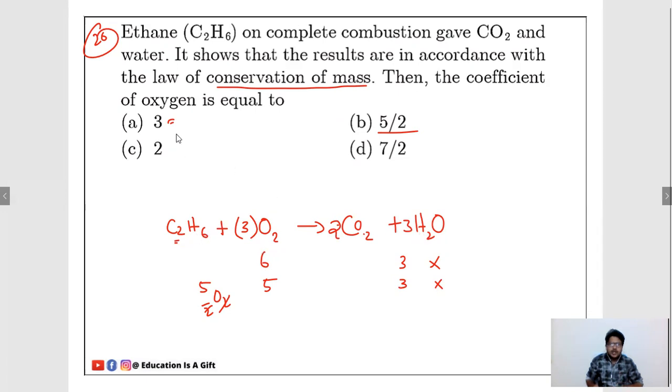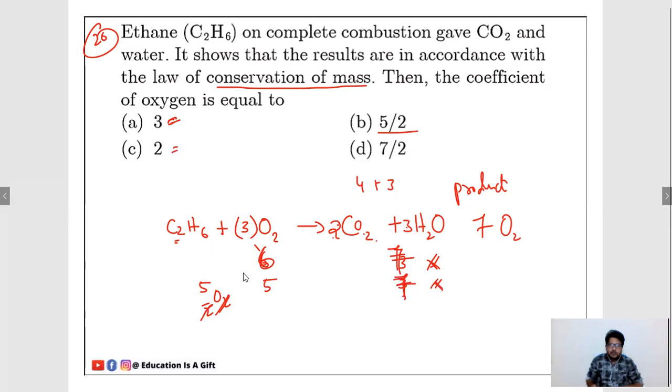Now let us try to come from the starting. 3. If you substitute 3, it is 6. Now how many oxygens? 2 twos are 4 plus 3. So totally on the product side we have 7 oxygens. So it is 6, it is 7, not equal. If you substitute 5 by 2, the 2 gets cancelled, 5 and 7, not equal.